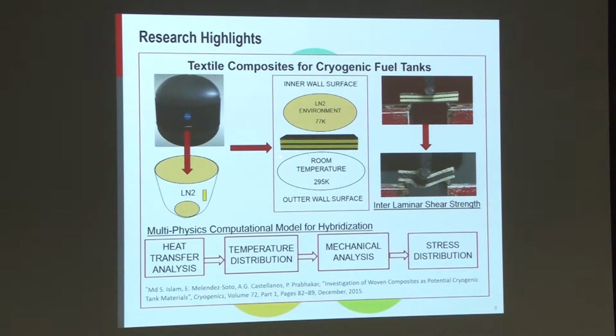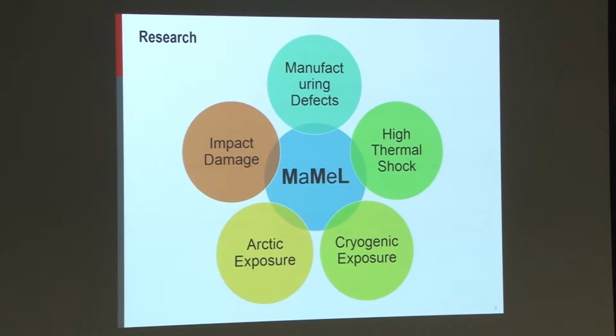And we are focusing on designing the wall of these fuel tanks to minimize the effect of such a high thermal gradient that can occur due to cryogenic fuel within these structures. And for the same, we're developing a computational framework which can assist in the design of such components.